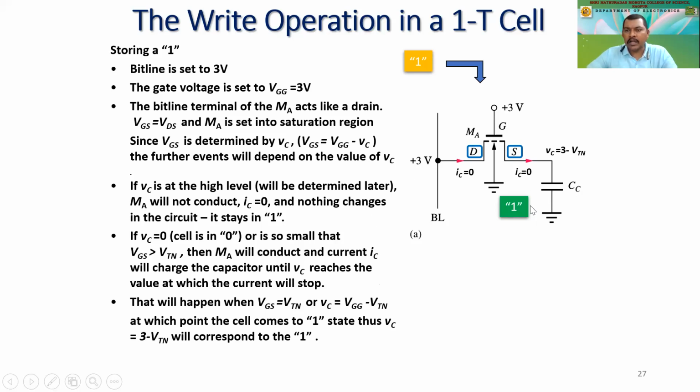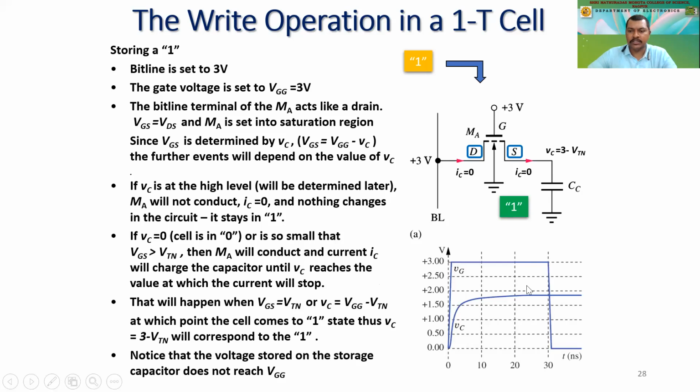The capacitor will start charging, and automatically 1 is stored in the memory cell, right? This is the charging and discharging of a capacitor. This much time is required for the capacitor to get charged. It will charge up to say 2 volt, and you are able to see that it is taking around 10 nanoseconds to get charged. So 1 is loaded like that.